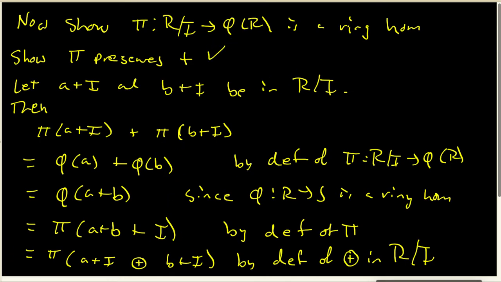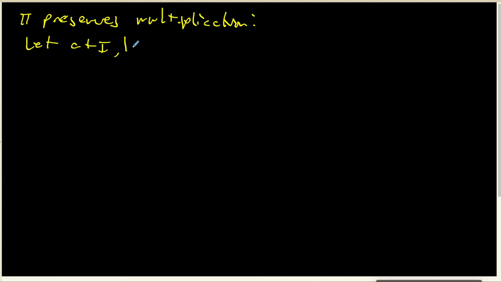Okay, what we're now going to do is move on to showing that pi preserves multiplication. Again, we're going to let A plus I and B plus I be any two elements of R mod I. And look at this set of calculations.